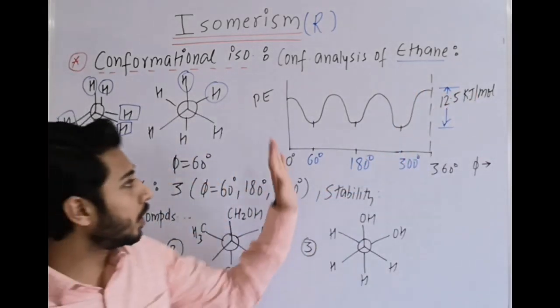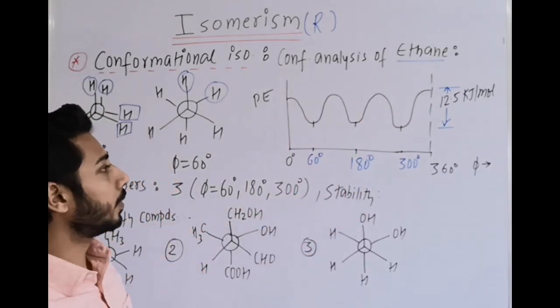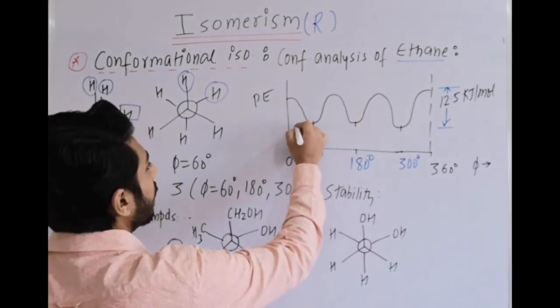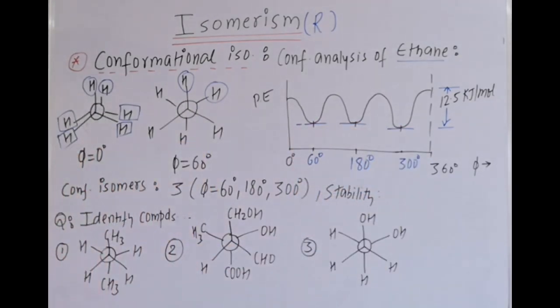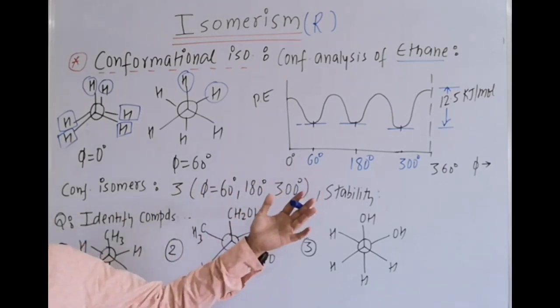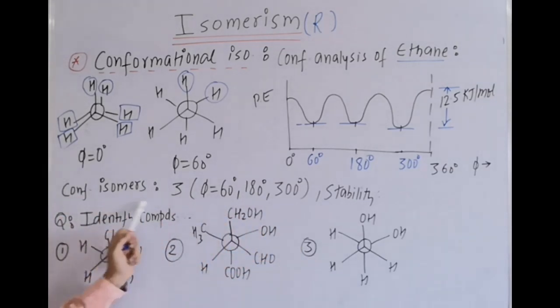Now in this case you have the energy curve here. Among them you have how many minima? First, second and third. If you remember, I told that there are infinite orientations possible, but how many conformational isomers are found at energy minima?